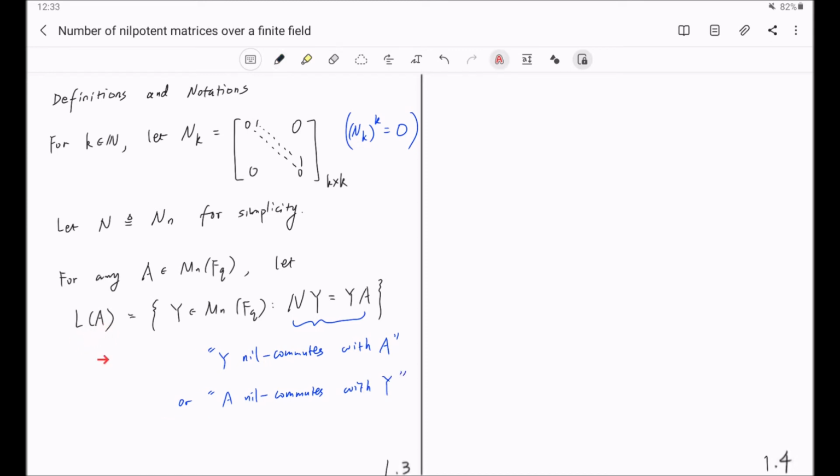With this definition at hand, we introduce the next one. Let script A be the union of all L of A, where A ranges over the collection of all nilpotent n by n matrices over F_q.